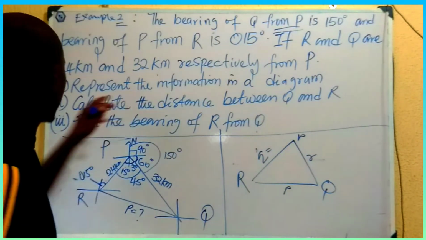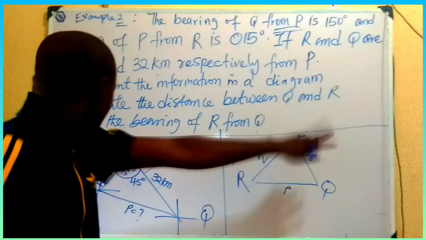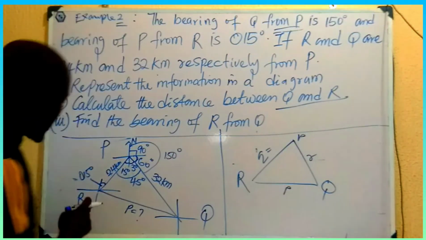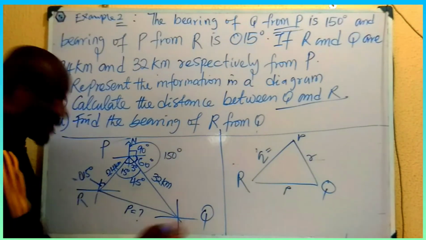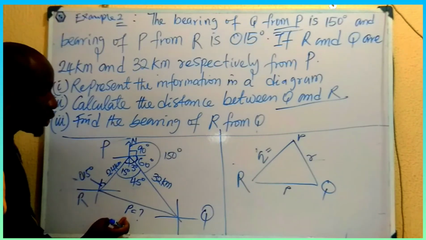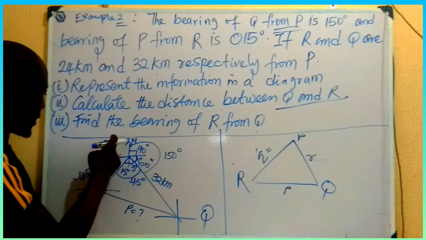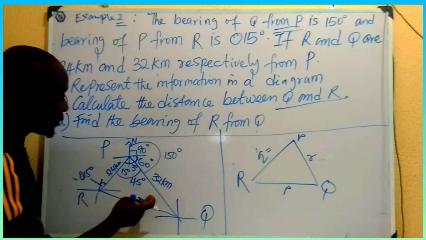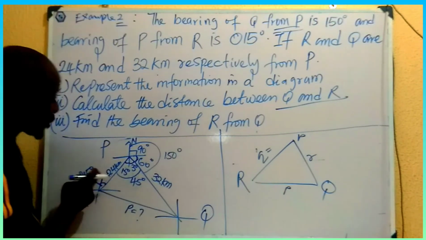They say calculate the distance between Q and R. The distance between Q and R is our small p. The distance between P and R is our small q, and the distance between P and Q is our small r.